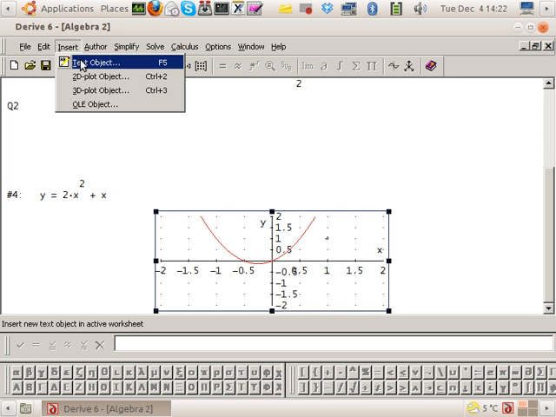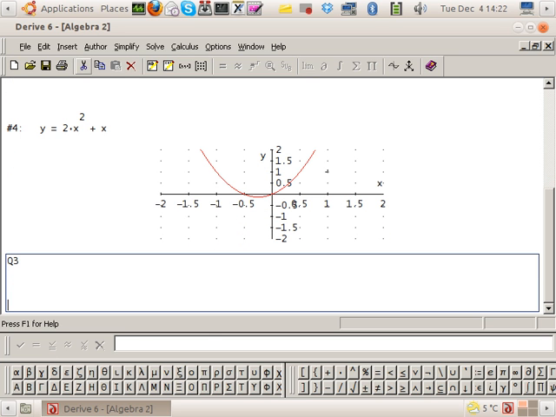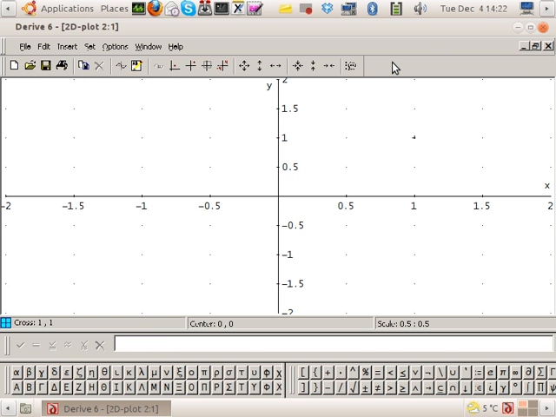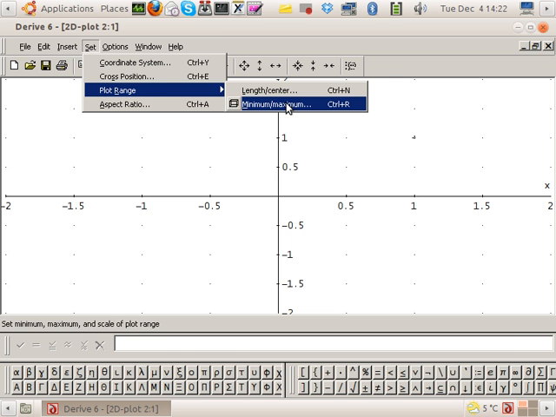Okay. Insert text object, question 3 now. y equals 2x cubed plus x squared minus x minus 1. Now we want to plot this again, but what's different about this one? I tell you the range. So you do set plot range min max.